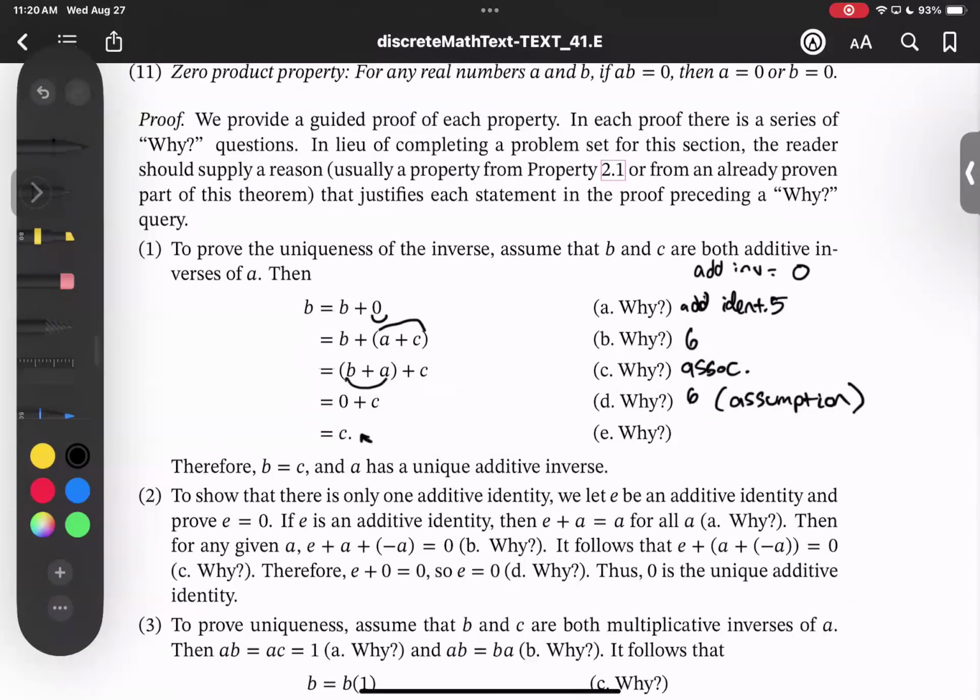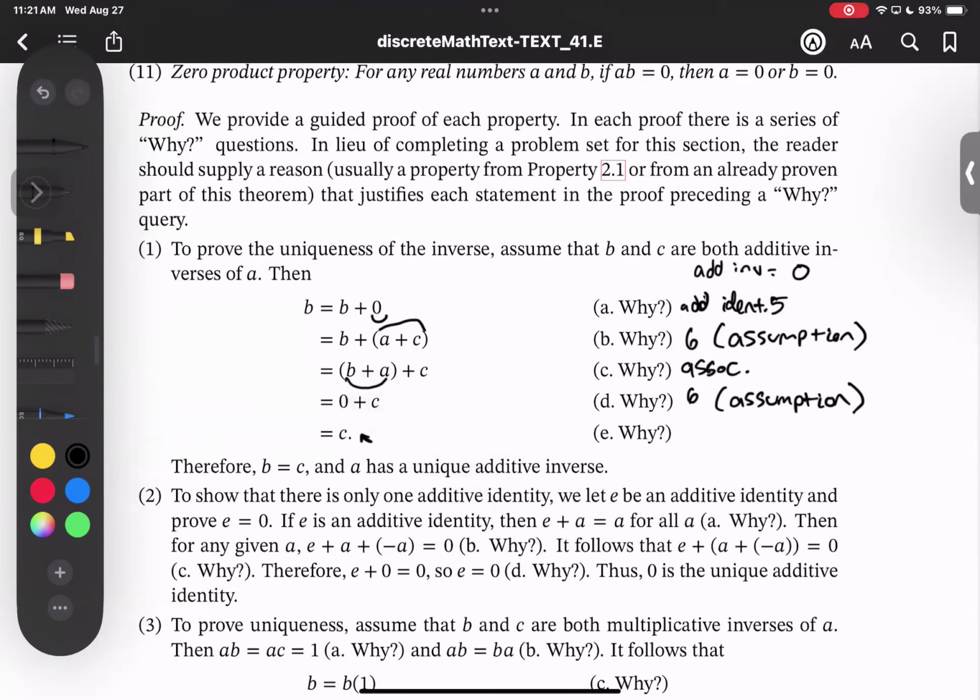So we've assumed that B and A are additive inverses, just like here we assumed that A and C were additive inverses. And so since these are additive inverses, then we can just replace that with 0.